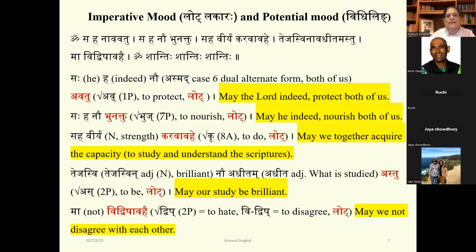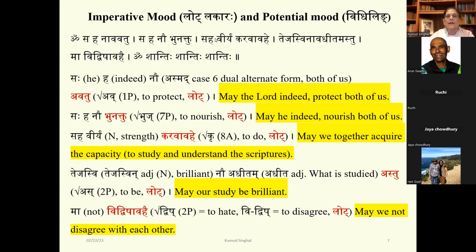The root is av, which means to protect. And this is a lot lakara form. Now there is a sandhi between nau and a. This is an ayadi sandhi, au and a, which becomes av. So that's why you have avavatu, right? So this is the lot lakara form, avatu.